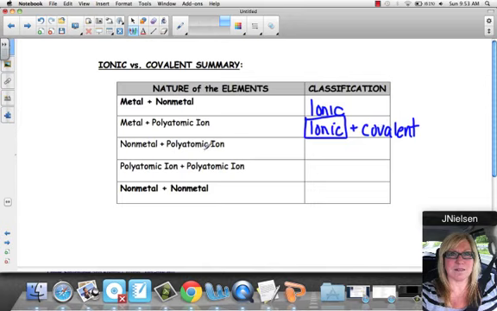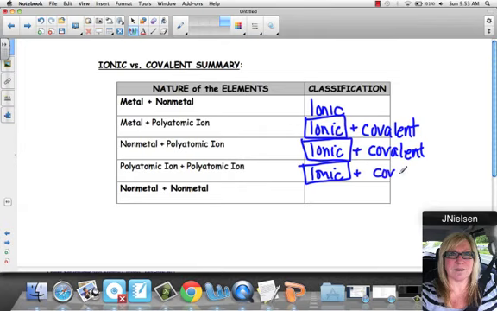A nonmetal and a polyatomic ion is going to be ionic, overarching, but because of the polyatomic ion, it's also covalent. Polyatomic and polyatomic, there is a transfer of electrons from one polyatomic to another, so that's transfer. So you've got ionic, plus they're polyatomics, so you also have covalent. Nonmetal and nonmetal, covalent. Okay, that's it for this lesson.